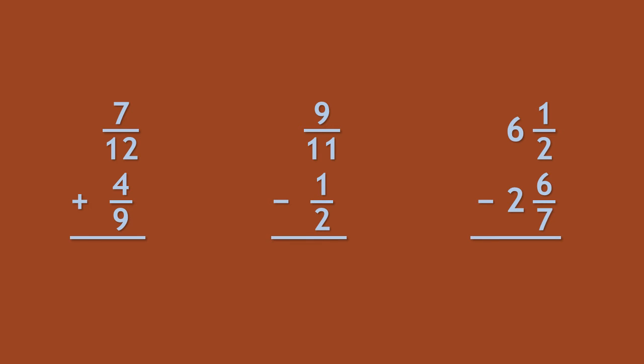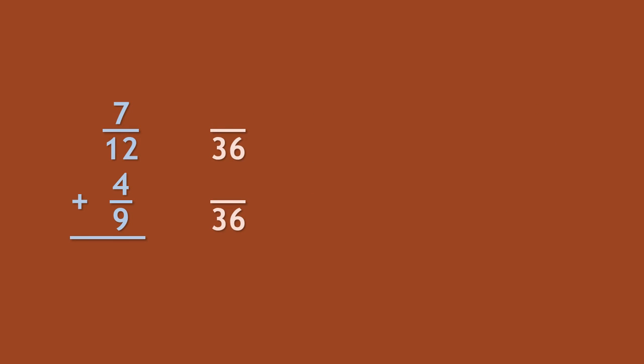Good job. Okay, so for the first one, you should have determined that 36 was the least common multiple of 12 and 9. So 12 times 3 will give you 36. So 7 times 3 gives you 21. 9 times 4 gives you 36.